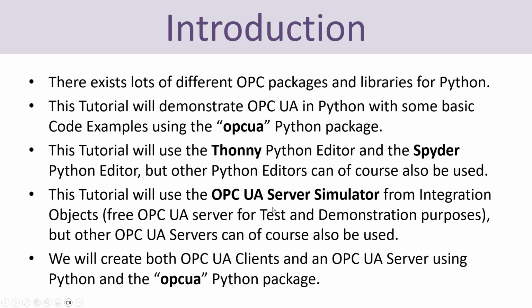We will also use an OPC UA server, a demo OPC UA server called OPC UA Server Simulator. We will use this in the beginning in order to test our OPC UA client applications that we are going to create with Python. So when we are finished, we should have created different OPC UA clients and an OPC UA server using this Python package called OPC UA.